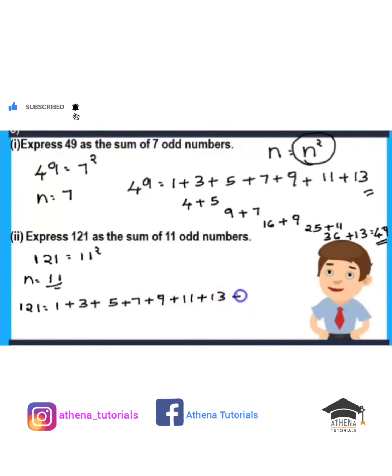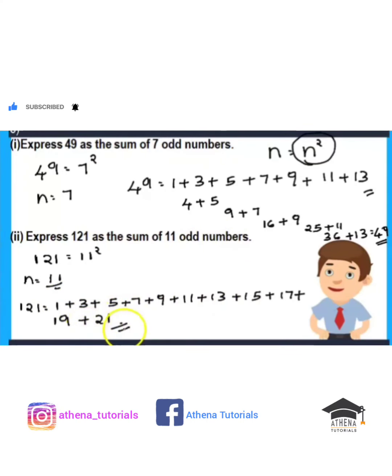Next 15 plus 17 plus 19 plus 21. So how many digits? Let's count. 1, 2, 3, 4, 5, 6, 7, 8, 9, 10 and 11. So we have expressed 121 as the sum of 11 odd numbers. In order to verify, just add these numbers.